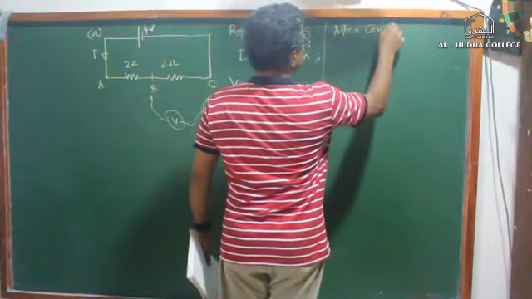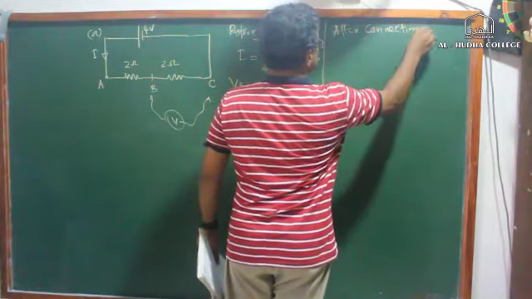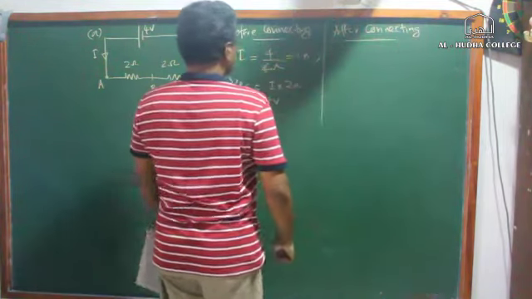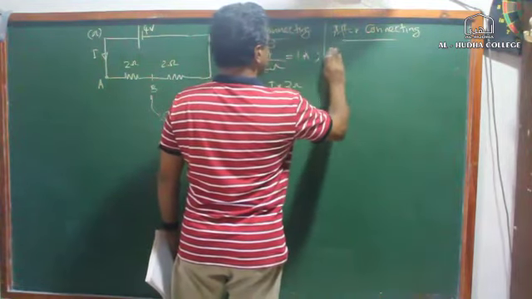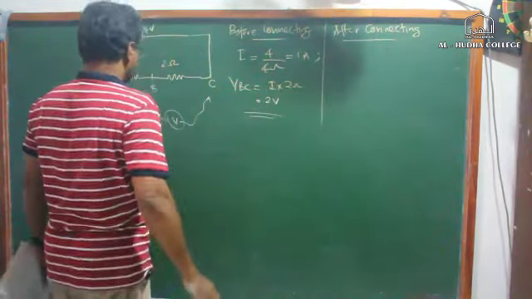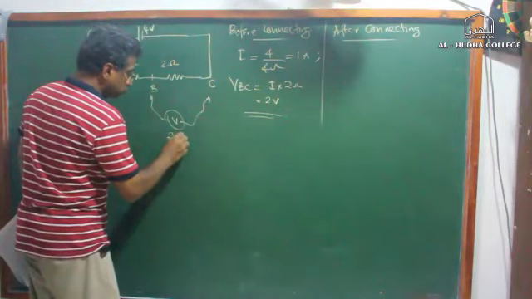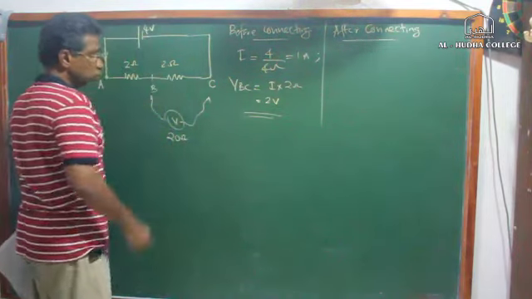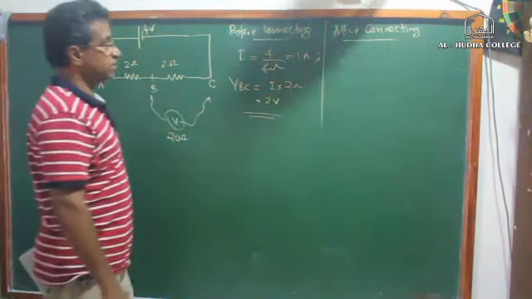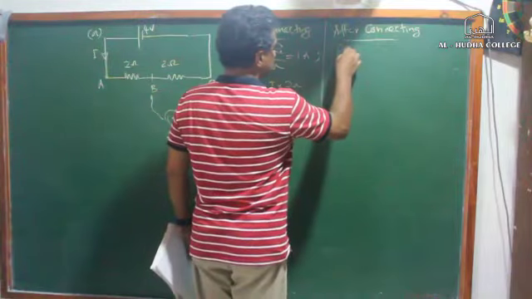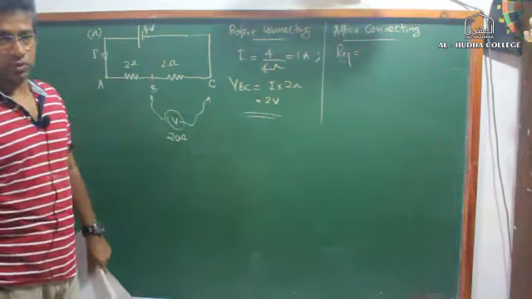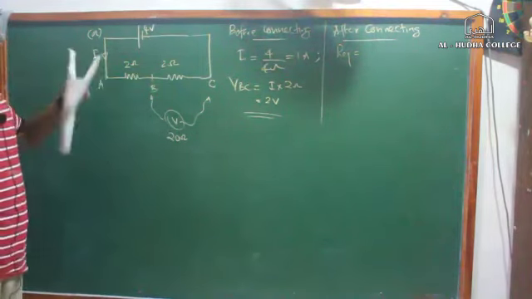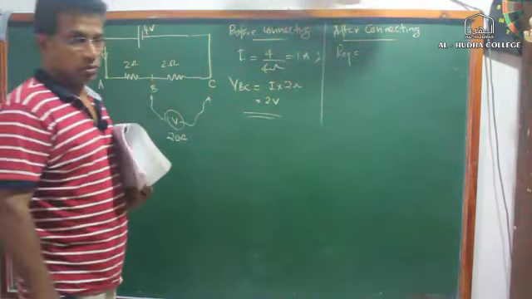connecting, say if it is I dash, first of all we have to find the equivalent resistance. Now this is 20 ohm and this is 2 ohm, right? So what is the equivalent resistance? R equivalent: 20 and 2 ohm are in parallel, right?